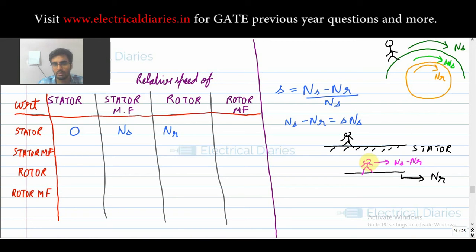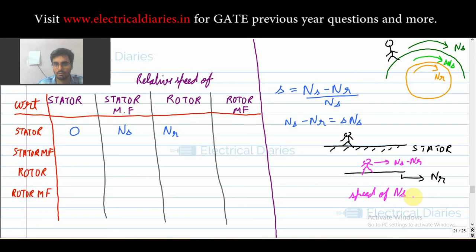I will observe that this person is going in this direction with ns minus nr, and this platform is also moving in this direction with nr. So a stationary person will see that this person is moving with a speed of ns. This is something we can understand from the relative speed concepts we developed in class 11 or 12.